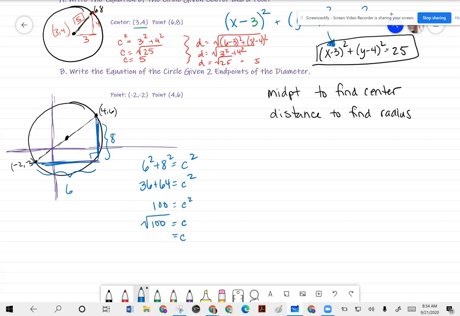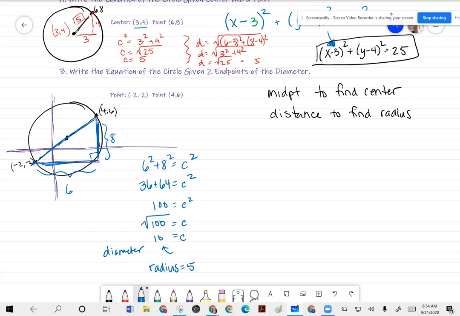We find out that the diameter is 10. If the whole thing is 10, the radius would be half of that, so the radius equals 5.